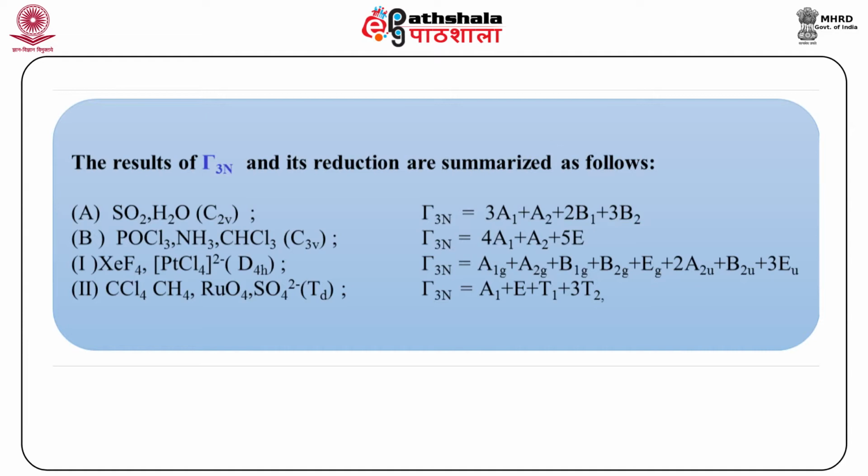For xenon tetrafluoride, we have already seen the result: A1g, A2g, B1g, B2g, Eg plus 2A2u plus B2u plus 3Eu. And for tetrahedral CCl4 etc., we have the result A1 plus E plus T1 plus 3T2. All these examples have been discussed in earlier modules. Here again I have repeated only 2.